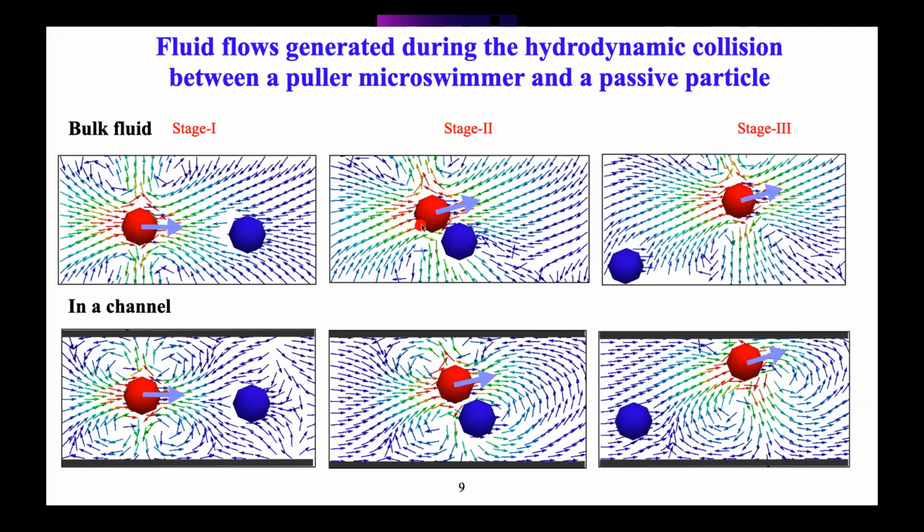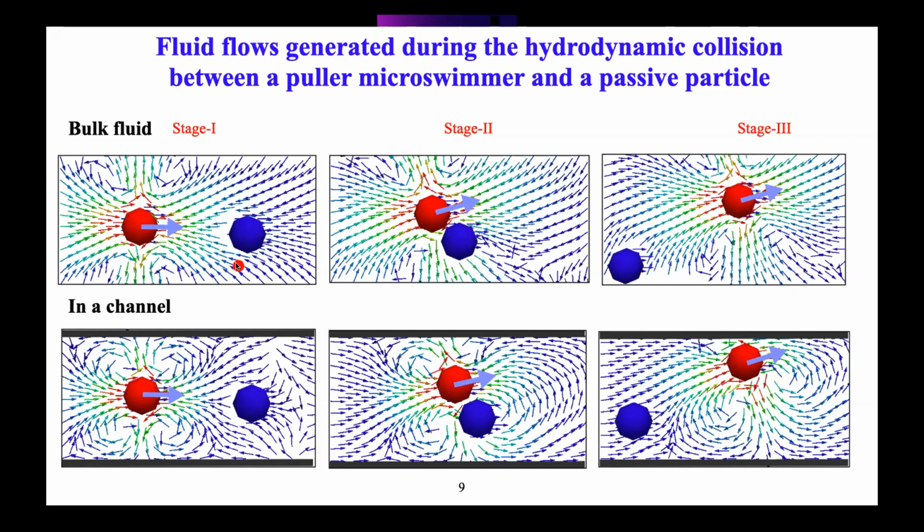And in stage 2, we see the passive particle has come closer to the microswimmer. Therefore, this symmetry in the flow field is broken. Also, the microswimmer has now rotated in the anti-clockwise direction, so the flow fields are also rotated. And in stage 3, the microswimmer has now moved very far from the passive particle, so it regained the symmetry in the flow field, but the flow fields are still rotated.